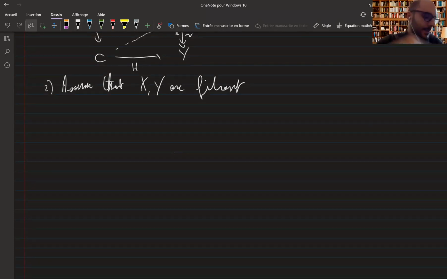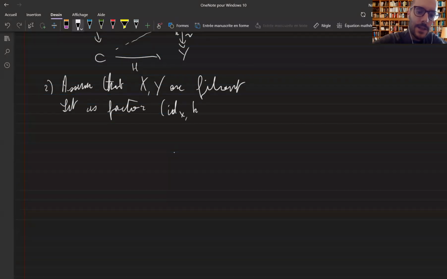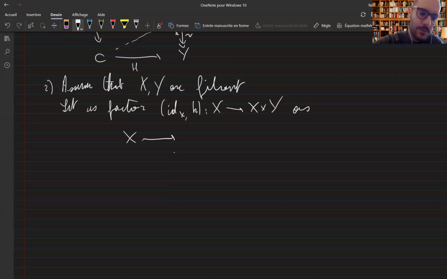Let us factor the identity of X and h, seen as a map from X to X cross Y, as an acyclic cofibration followed by a fibration.